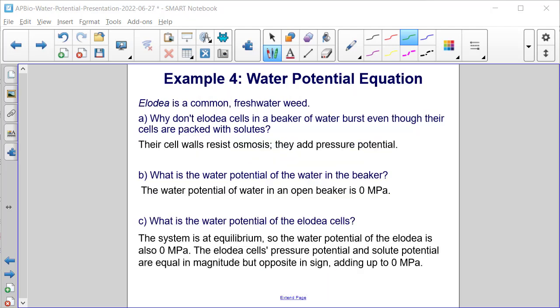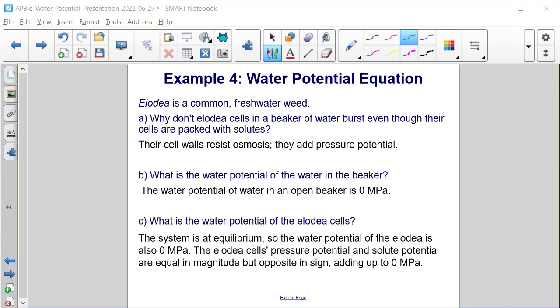All right, so in part A, the reason that the cells don't burst is because plants have cell walls, right? So the cell walls of the Elodea resist osmosis and they add a pressure potential. What is the water potential of the water in the beaker? The beaker is an open container, so the water potential of the water in an open beaker is 0 megapascals.